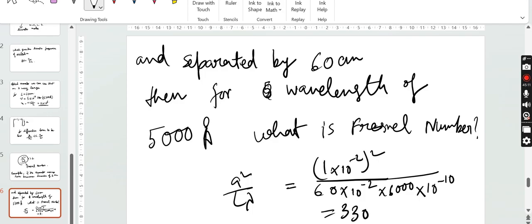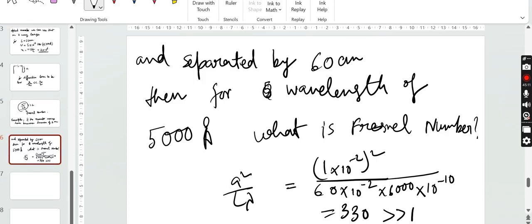So this is equal to 330, which is greater than 1. Then the diffraction loss is significant.